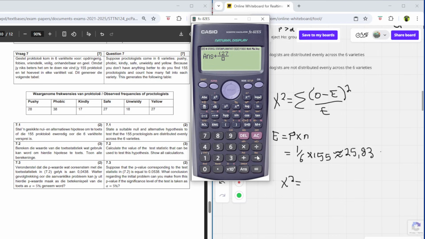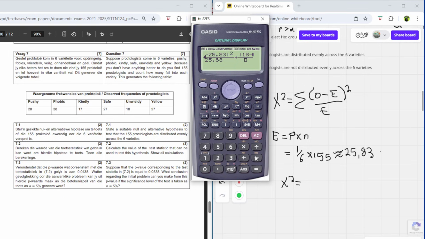It'll be 27 minus 25.83 squared. It happens when you use a lot of numbers on the calculator, so you should just press equal and continue, or else you can do this one by one, writing the answers down and then adding them at the end.